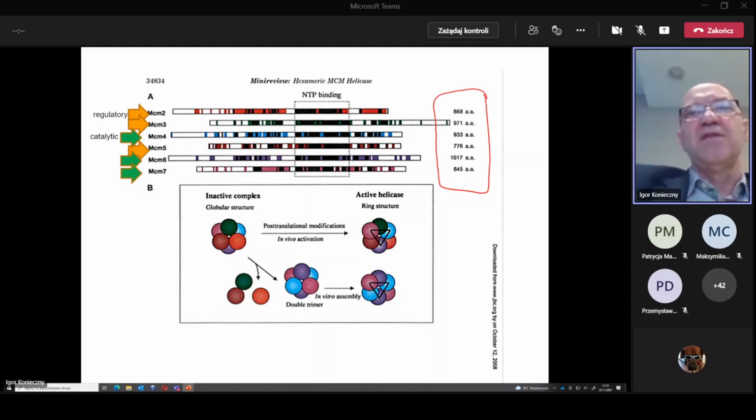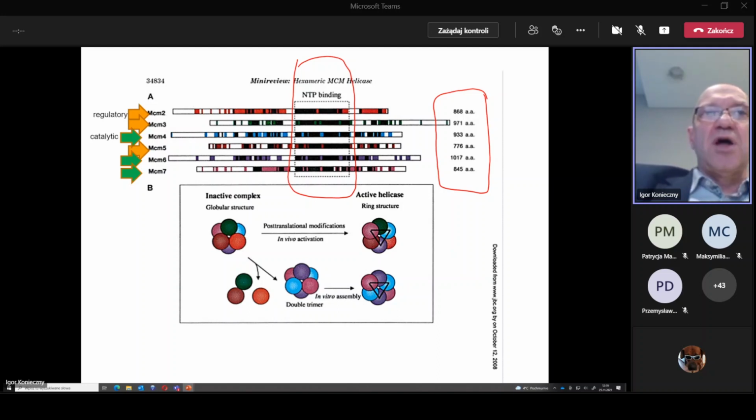You see that it varies from more than 1,000 amino acids to something like 700 amino acids in length. And of course, there is similarity at least at the core. However, the N-terminal ends and C-terminal ends are different in length and in amino acid composition.